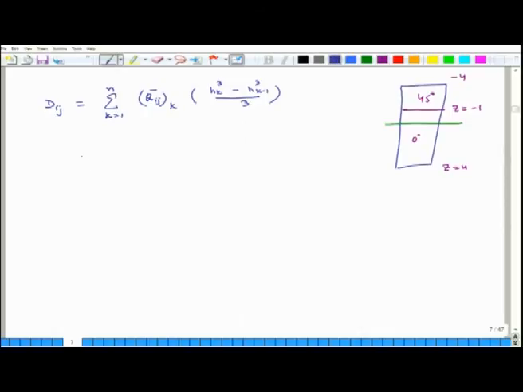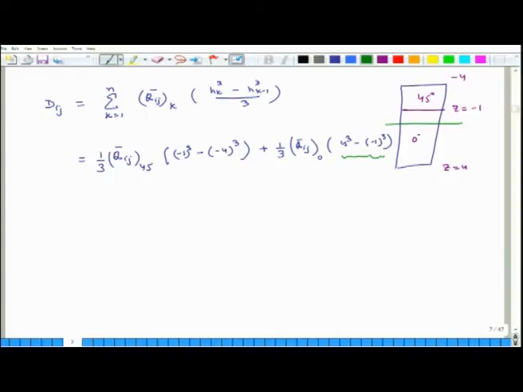So, if I expand this relation for a two-layer system, I get Qij bar for the 45-degree layer times (minus 1 cube minus minus 4 cube), divided by 3, so 1 by 3, plus 1 by 3 Qij bar for the 0-degree layer times (4 cube minus minus 1 cube). So, what is this?